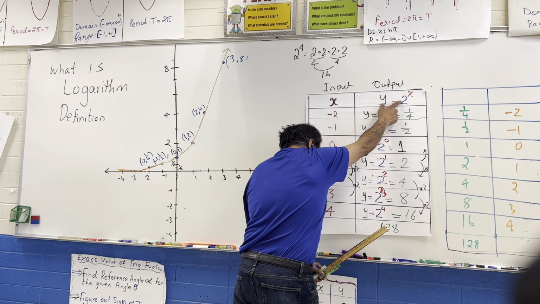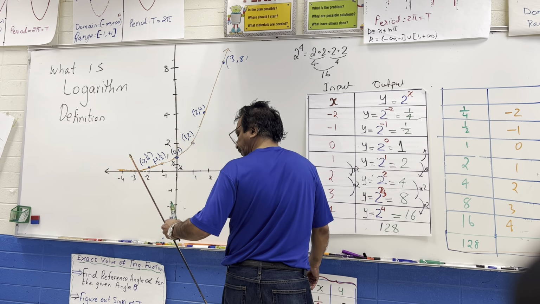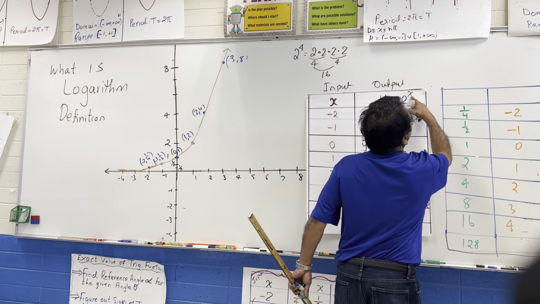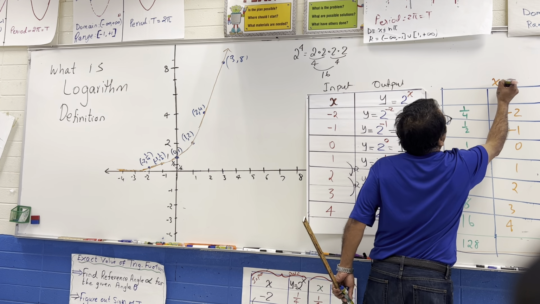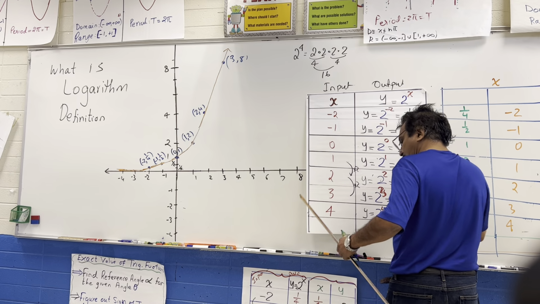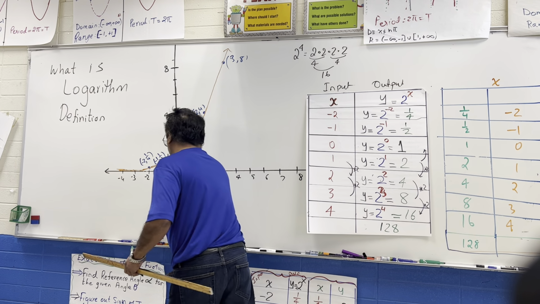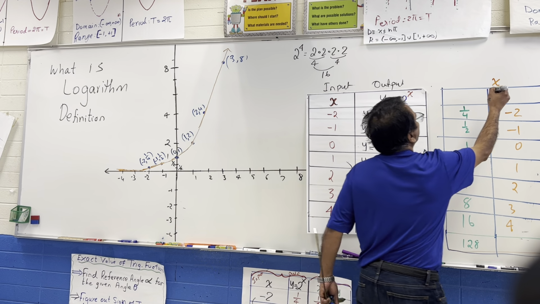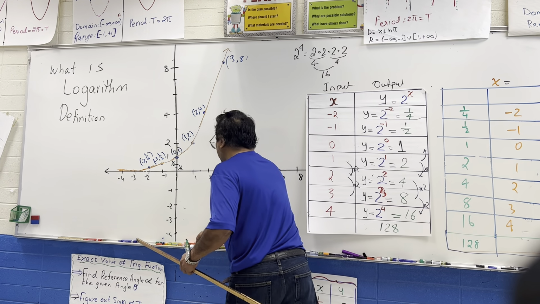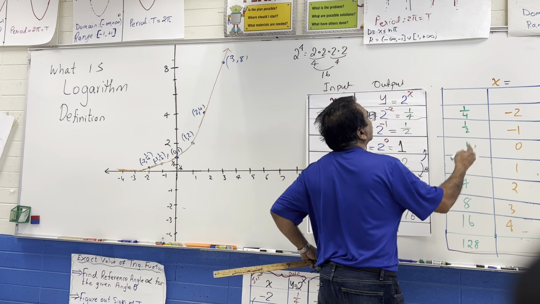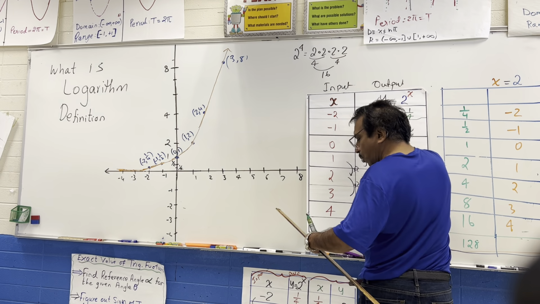Watch this. How do we write this? So this x equals 2 raised to y.